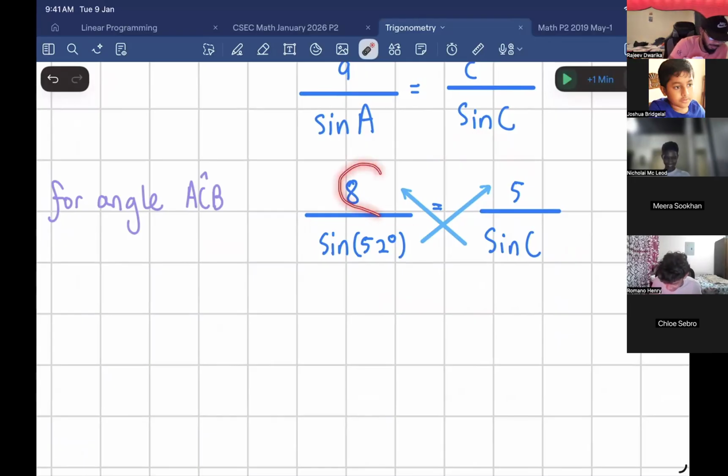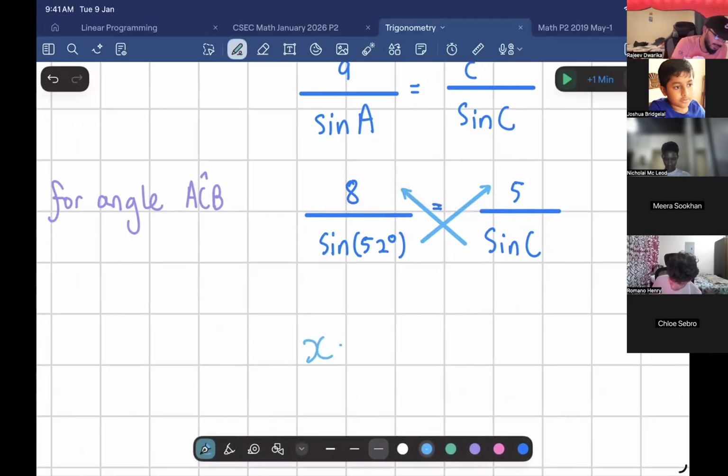When you solve for x, or you solve an equation, isn't the unknown usually on the left-hand side?